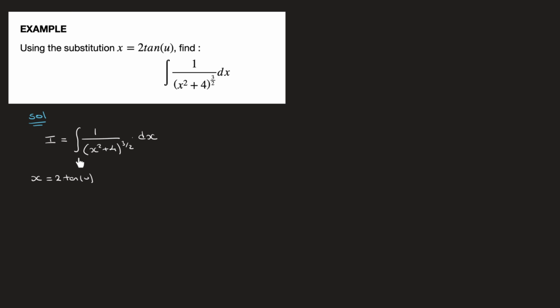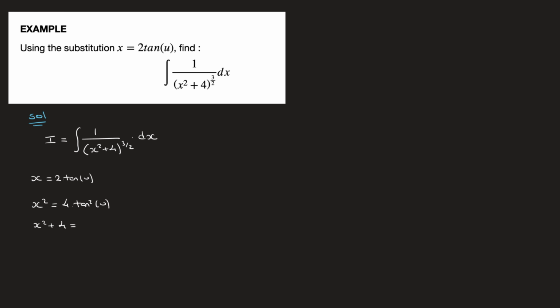Looking at the denominator we have here, we've got x squared plus 4 inside this pair of parentheses. And since x is equal to 2 tan of u, hopefully it's clear that x squared will be equal to 4 times tan squared of u. And therefore x squared plus 4 will be equal to 4 tan squared of u plus 4.